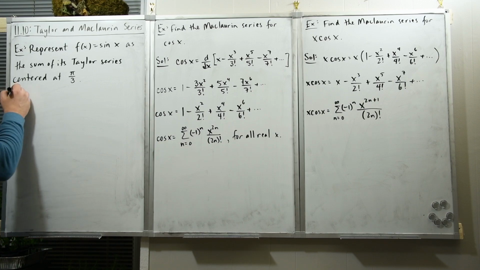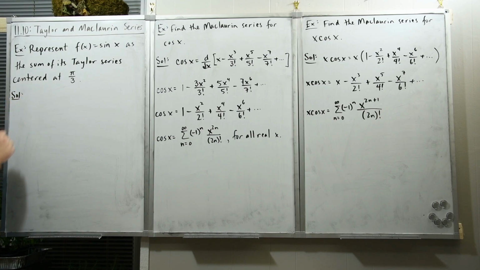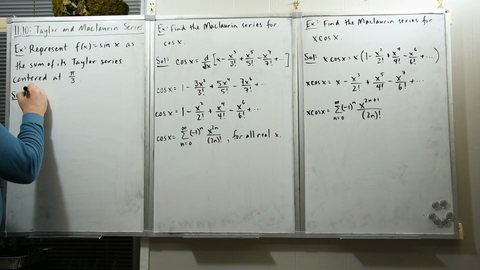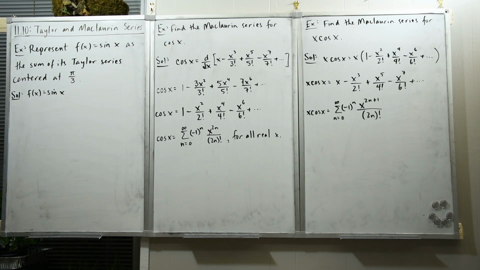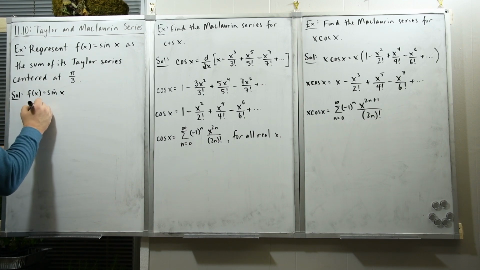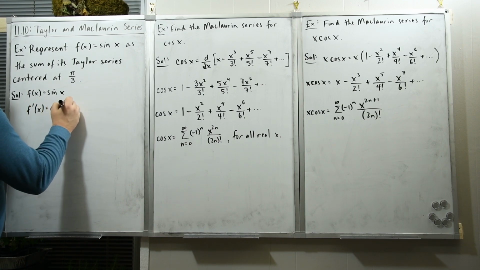Now, if we take a look at our solution here, we're going to need to know what's going on with f. We know f of x is equal to the sine of x. And we'll take a look at the first few derivatives here.